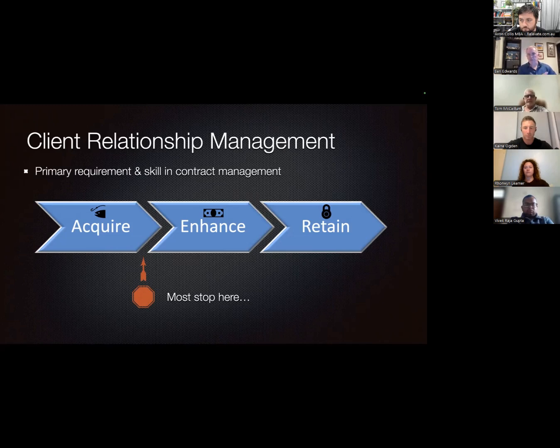For a government contractor, we were maintaining significant assets in Brisbane, and we ended up becoming their procurement company and project management company. And we grew the revenue 20% year on year based on just the enhance stage of the CRM.